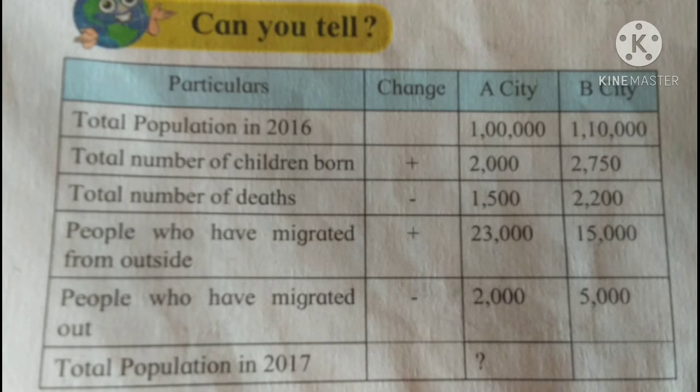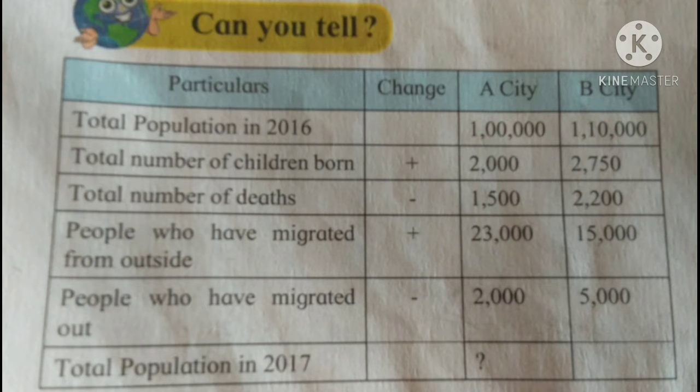Now you can see from the given data, the total population of cities is calculated as follows. Now see, total population of the city in 2016. So what you will do, total number of children born, you will add. Like in 2016, A city has 1 lakh population. So you will add total number of children born. 2000 children were born from 2016 to 2017.